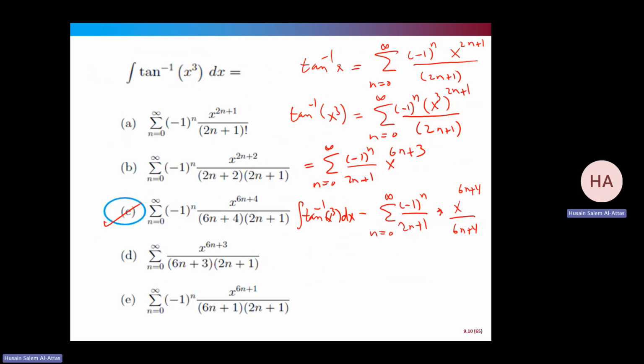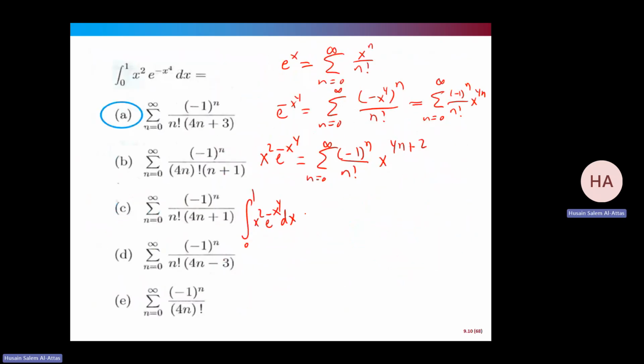Previously, when we do integration, we need this plus c. Now this one, I don't need plus c, so that will be what? Summation n equals 0 to infinity.